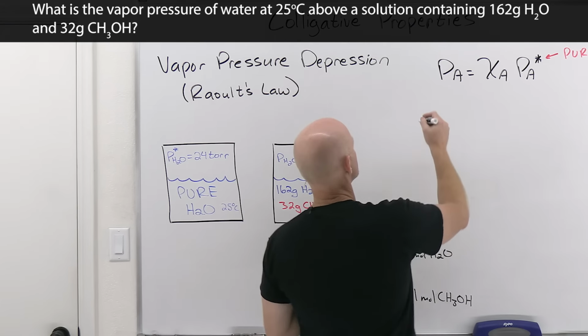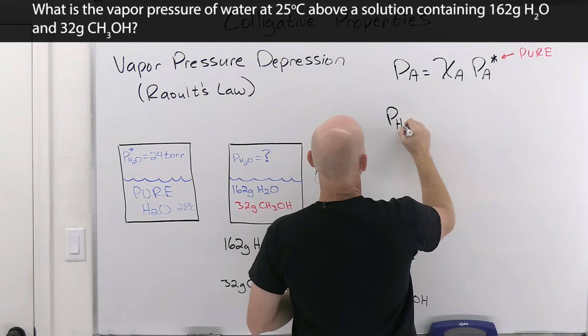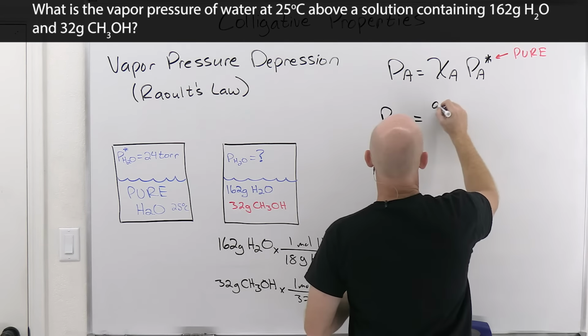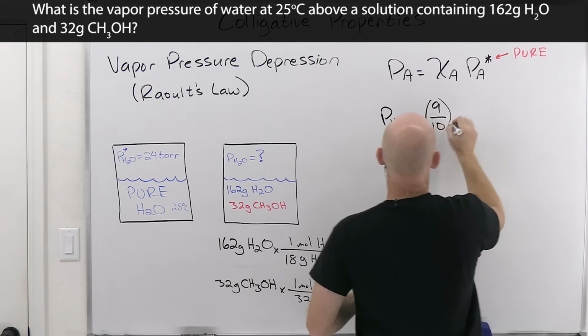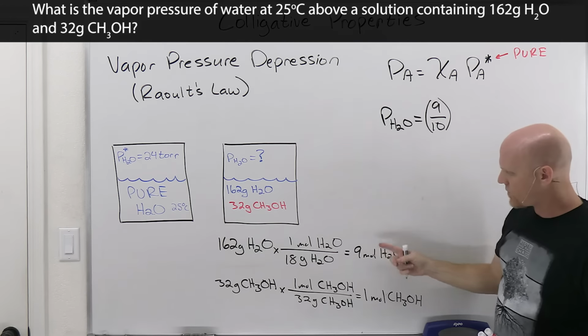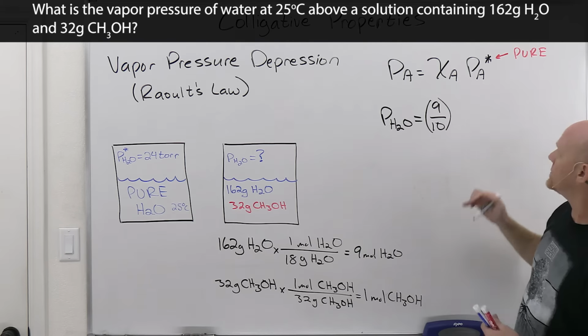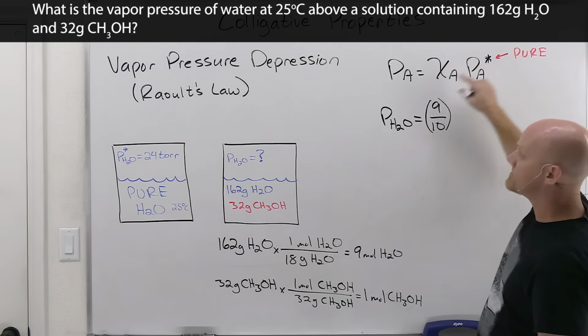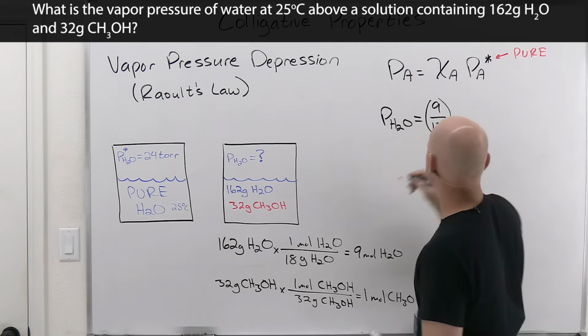But if we plug and chug this into the equation here, we can get the vapor pressure of pure water above that solution is going to equal 9 over 10 for that mole fraction. So 9 moles of water divided by 10 moles total, and then times the vapor pressure of the pure water, which was again that 24 torr.